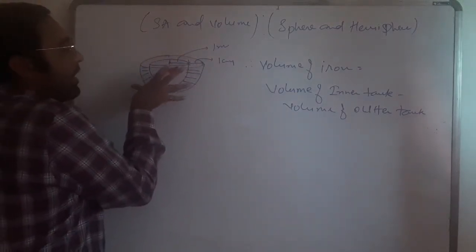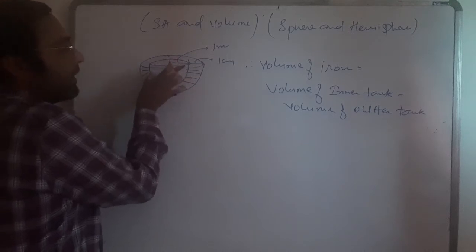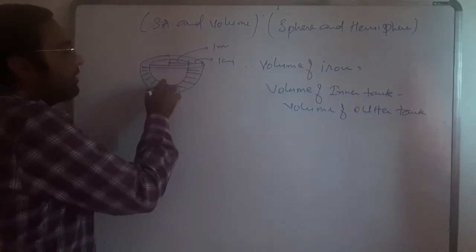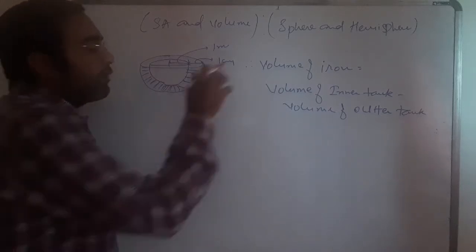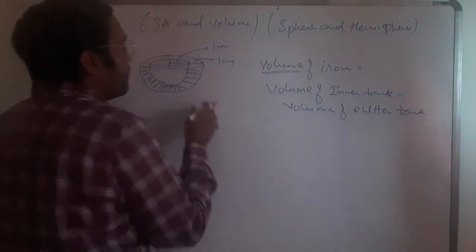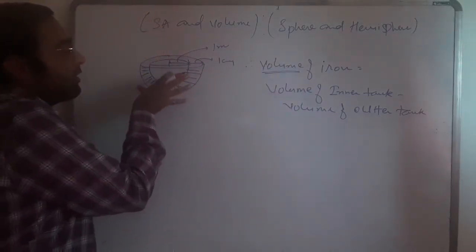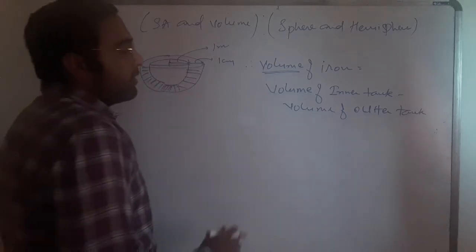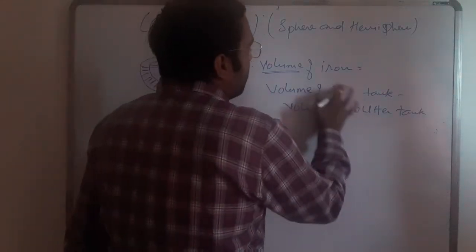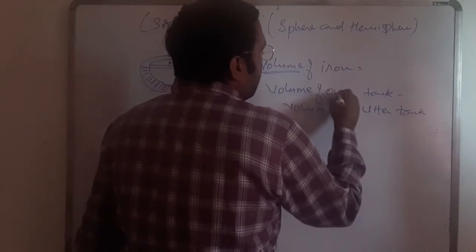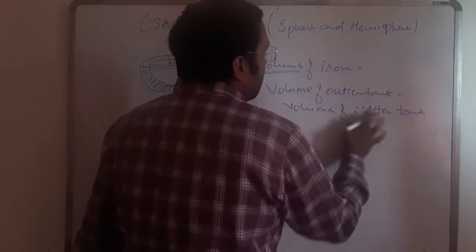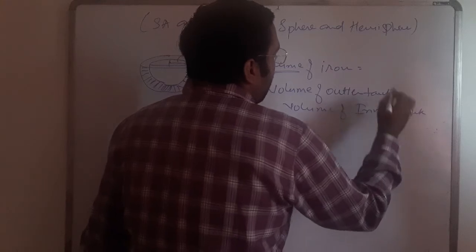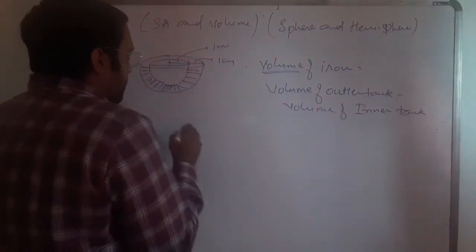So we subtract the innermost part from the outermost part to find the volume of the iron between them. I made a mistake earlier, so we write the outer tank first and after that the inner tank.